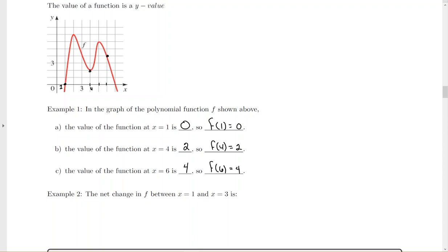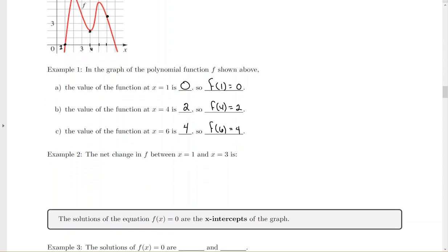It's not too hard. The net change. Now, we've talked about net change before. There was a formula for that. The net change is f of b minus f of a, the difference in your y values. So in this case, remember b represents the bigger x value.